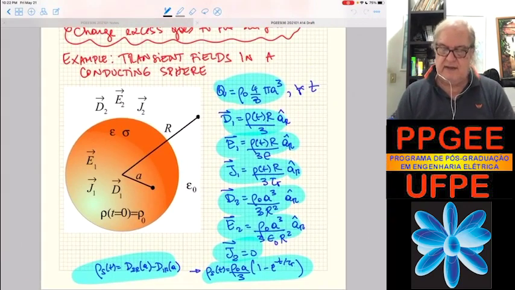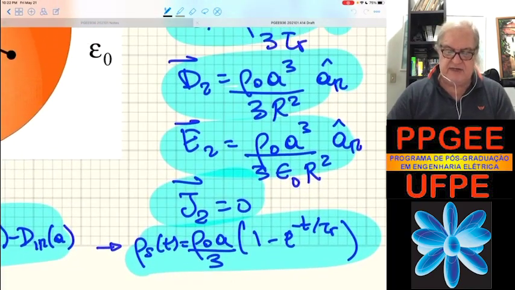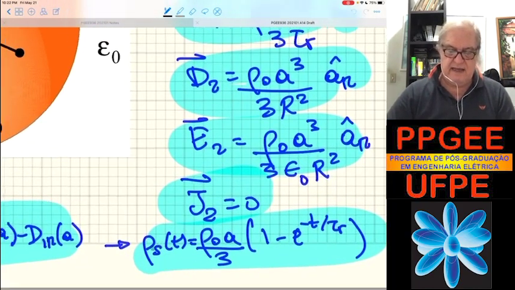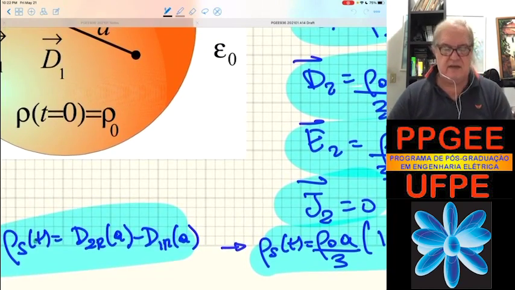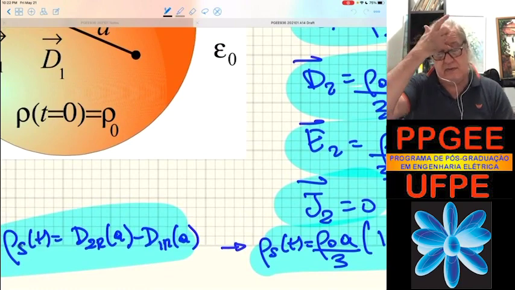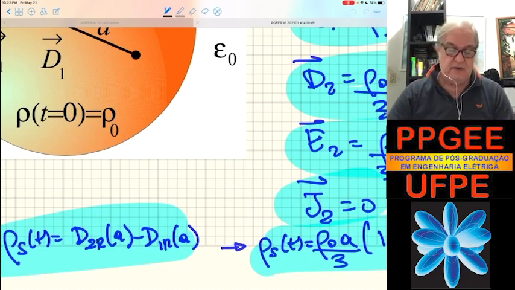These are the things that we calculate. I just showed how to derive those things in vector form. And then I can calculate the surface charge density. I can use, for instance, the boundary condition at r equals a, the boundary condition for D. The normal D has a discontinuity equal to the surface charge density.